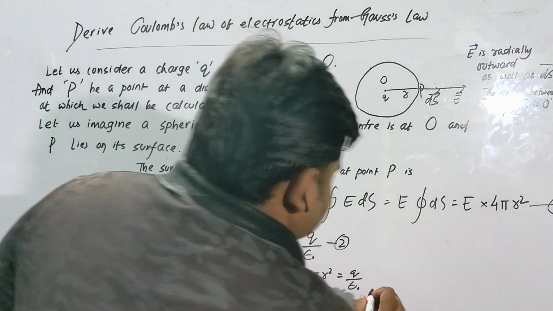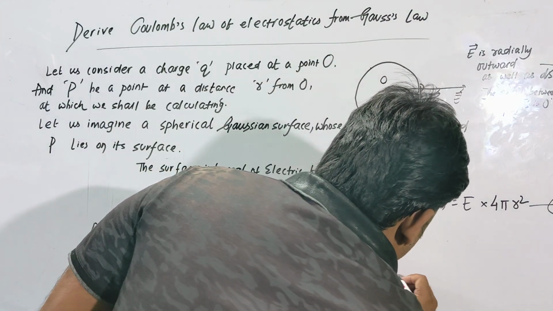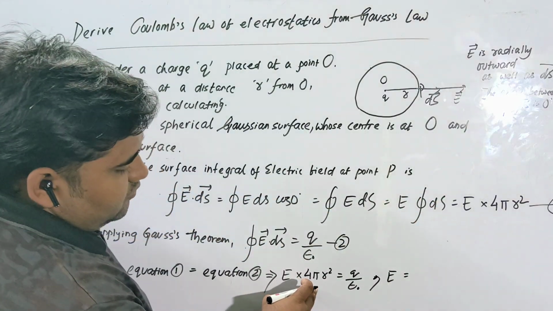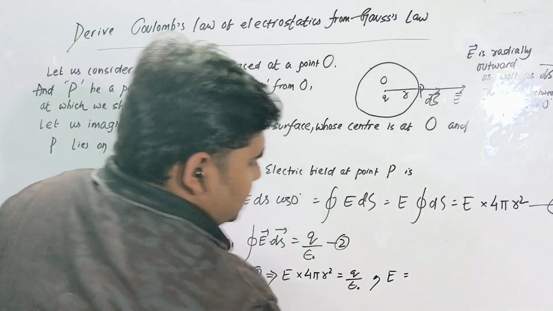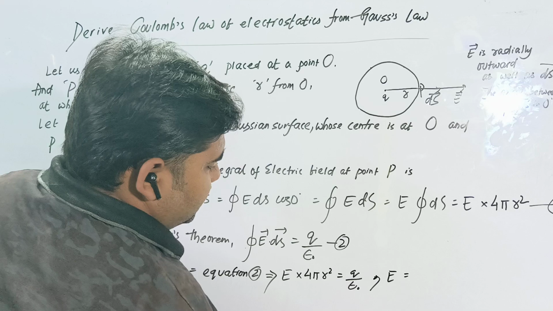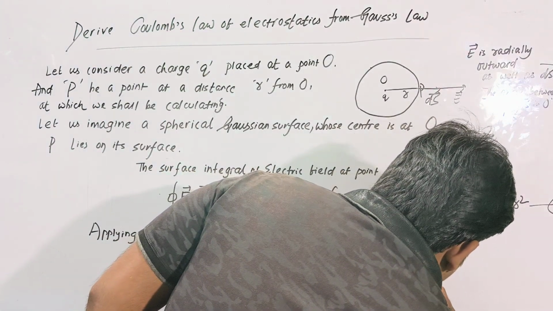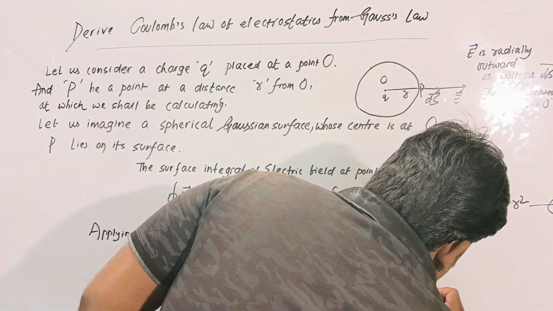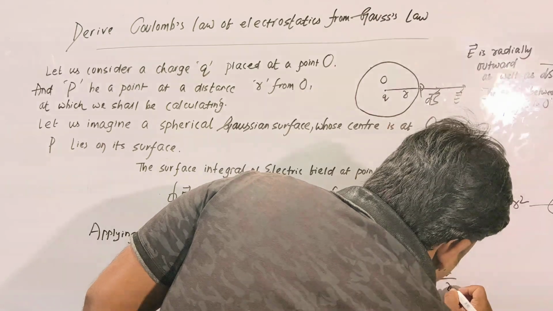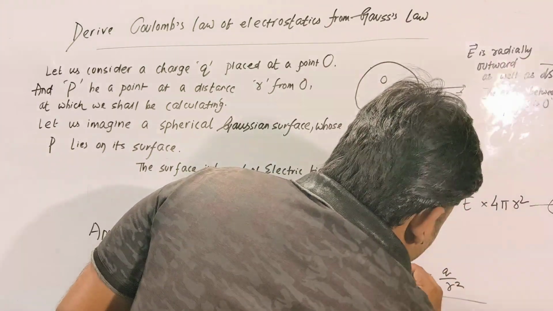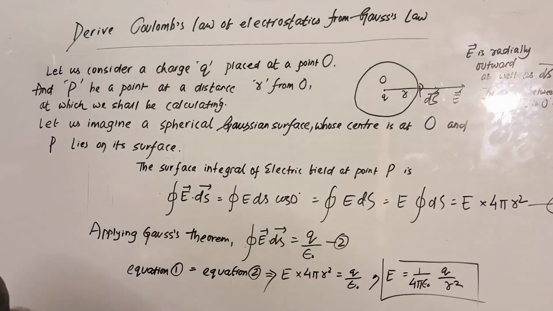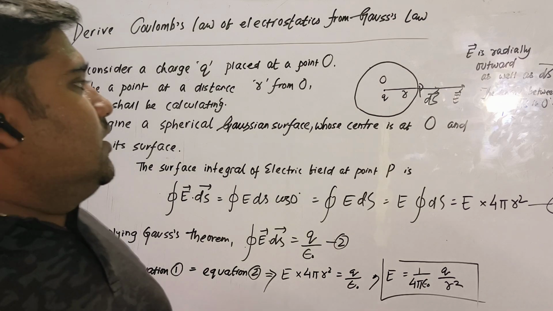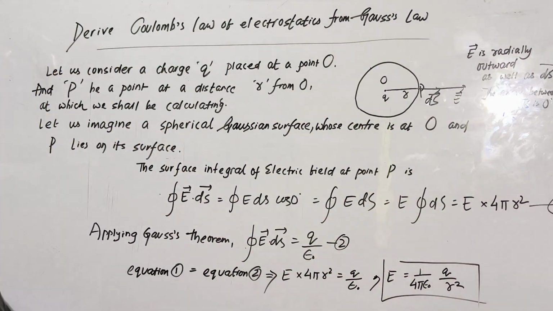Taking 4 pi r squared to the right side, it gets divided, and rearranging gives E is equal to 1 by 4 pi epsilon naught, q by r squared. So you get the electric field at point P, which is at a distance r from that charge Q.